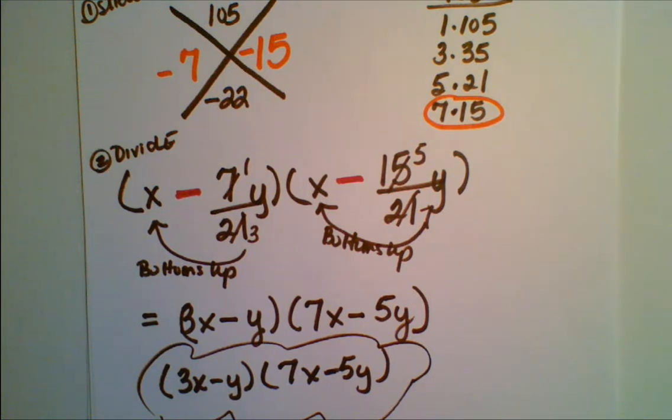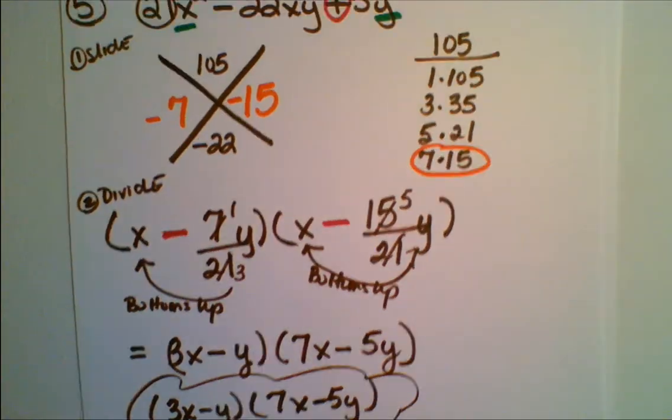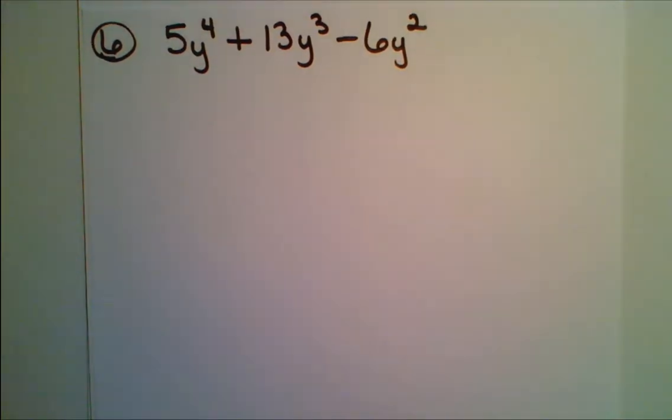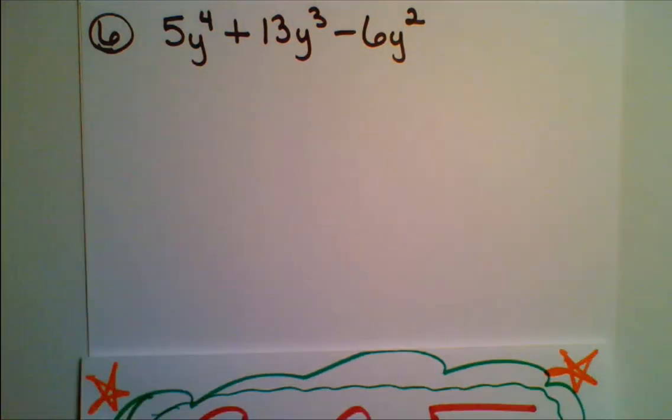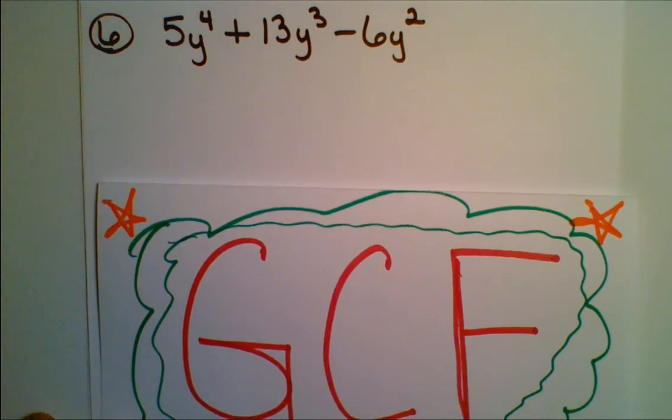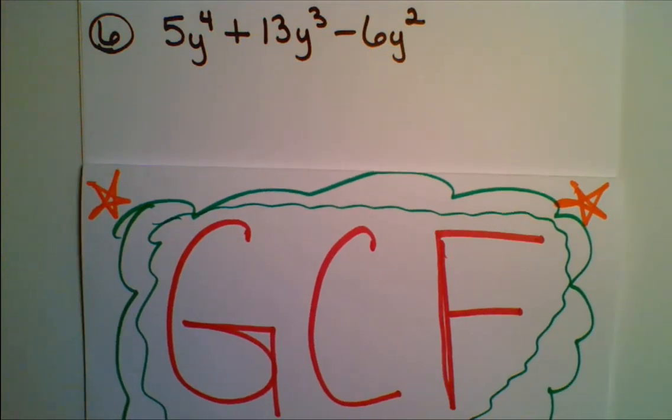Next example, number 6. We have here 5y to the 4th plus 13y cubed minus 6y squared. So my question to you with this example, is there a GCF that can be factored out? Remember, your GCF can be numbers, it can be variables only, it can be a combination of variables and numbers.